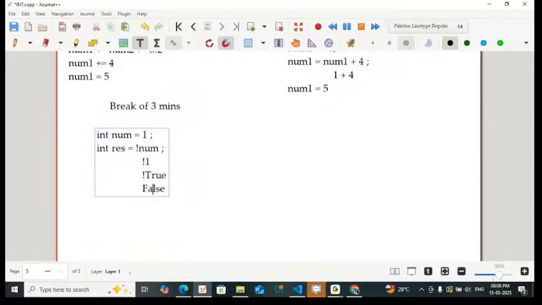Now I should store this false into a variable called res. So I should write it like this: res is equal to false. But res is one integer variable, so you can store only one integer. False is represented by integer 0. Hence, res receives the value 0.